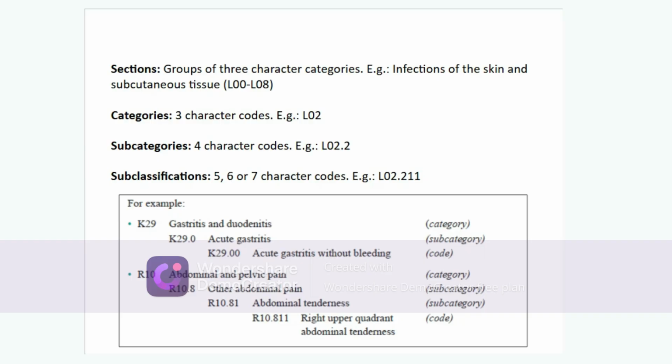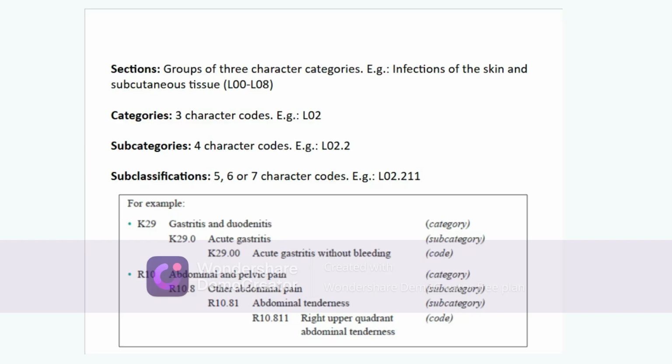Sections are groups of categories. For example, infections of the skin and subcutaneous tissue start from L00 to L08. Categories have three characters; the code is L03. Subcategories have four characters; the code is L02.2.